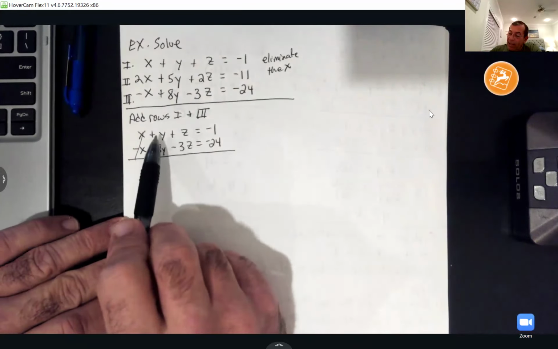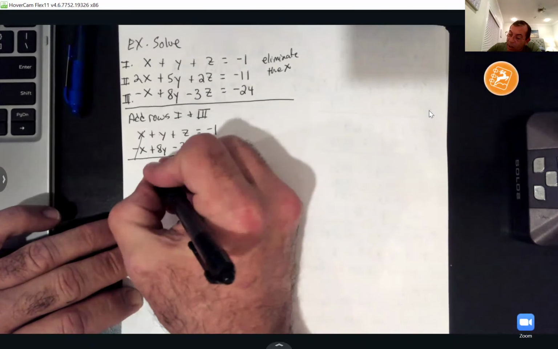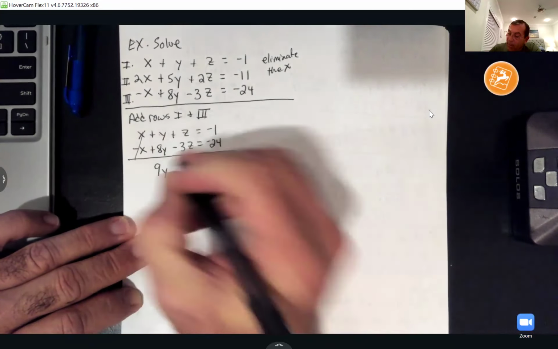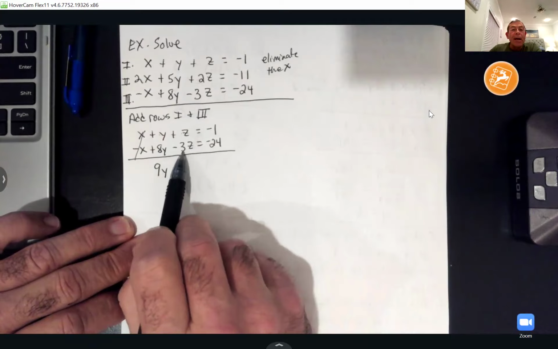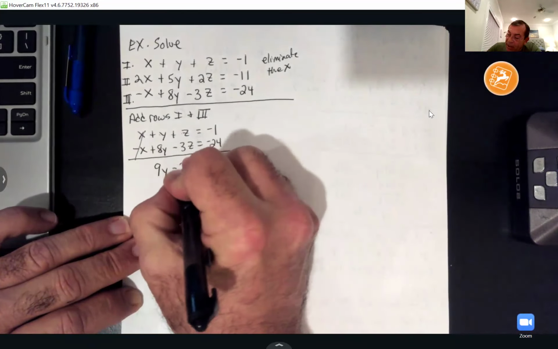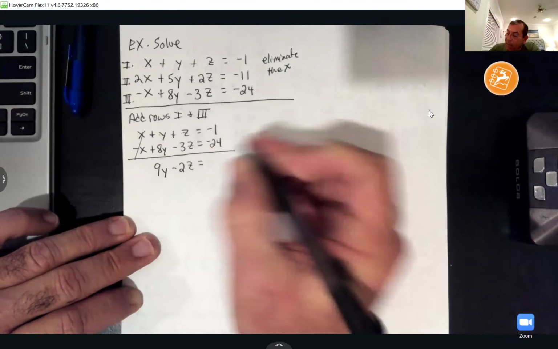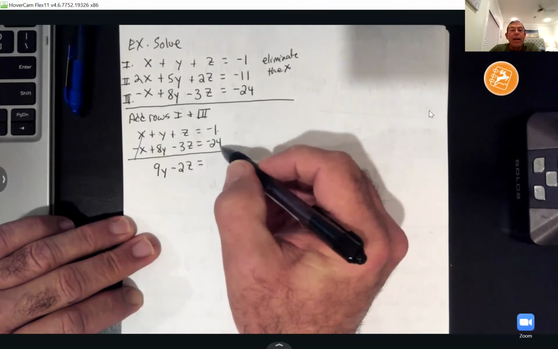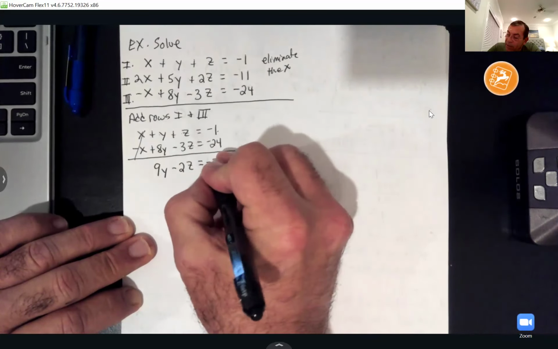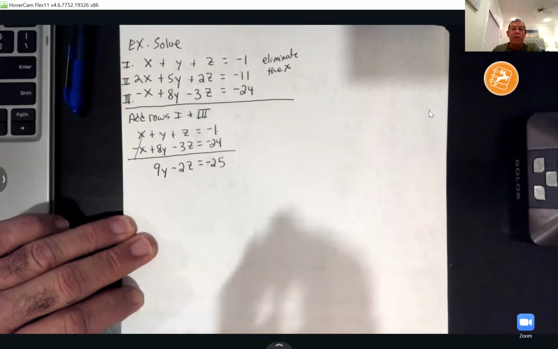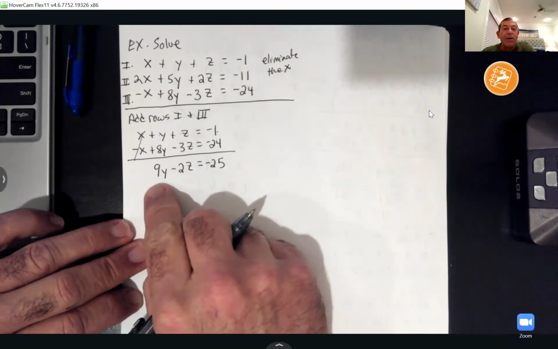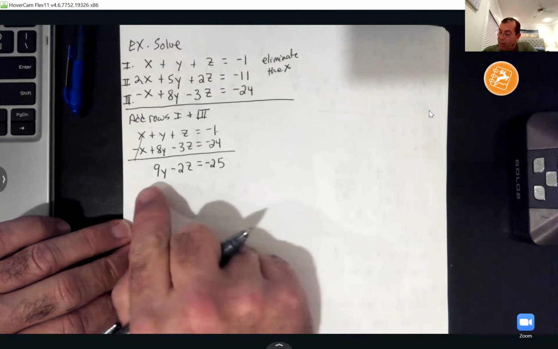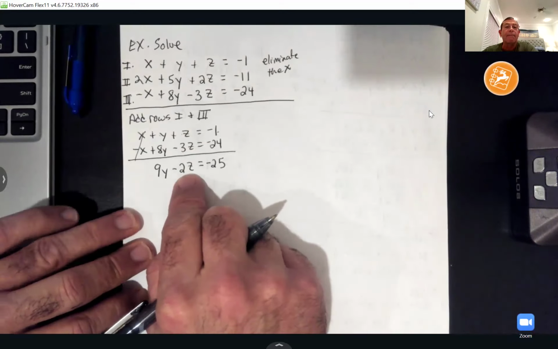So let's see what we got. 1 and 8 give us 9y. 1 minus 3 gives me a -2z. And a -1 and -24 give us a -25. So that's the first equation for my 2 variables. I got y's and z's.